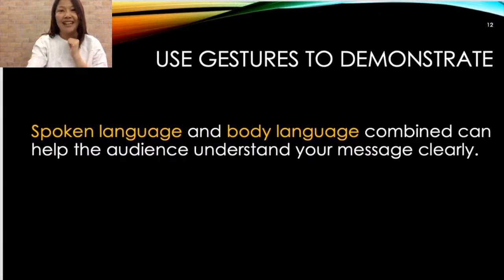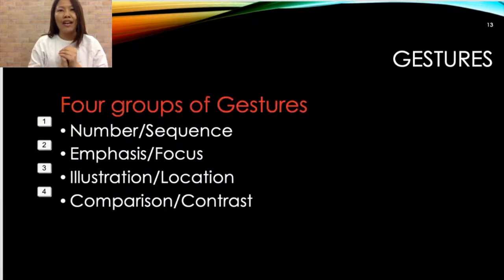On the next slide, we're going to show you there are actually 4 groups of gestures. Very simple, only 4. And by using these 4 types of gestures, you could have a great demonstration speech. Number 1, try to use numbers and sequence. When we are talking about different steps or processes, you could use numbers: step 1, step 2, step 3.